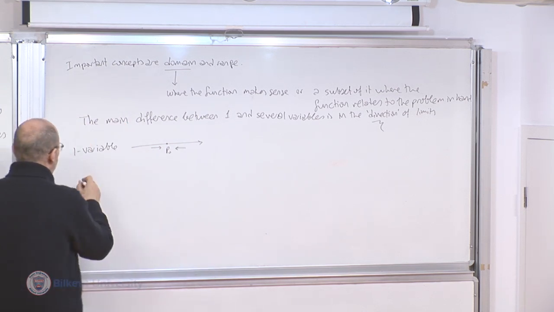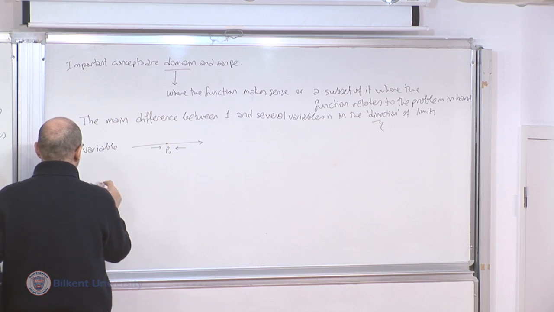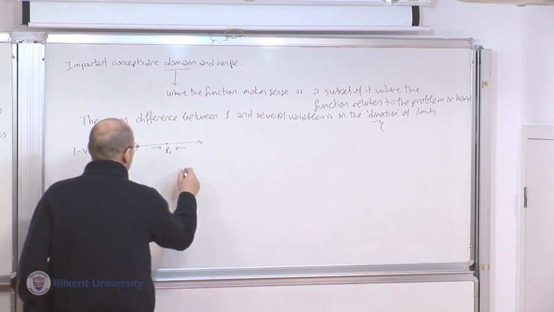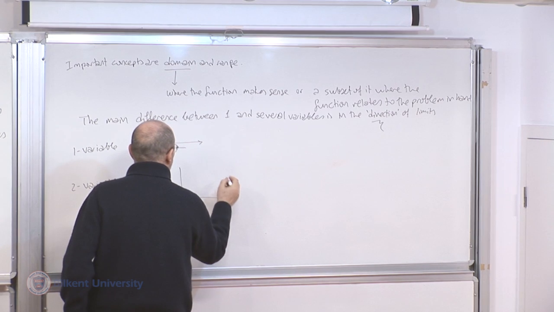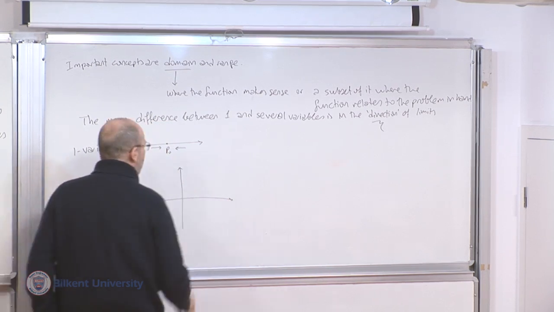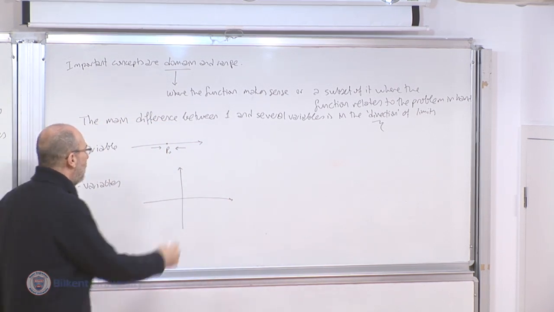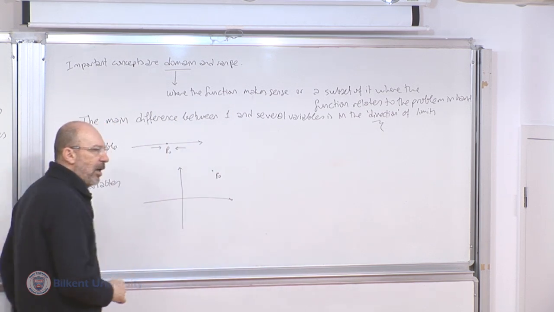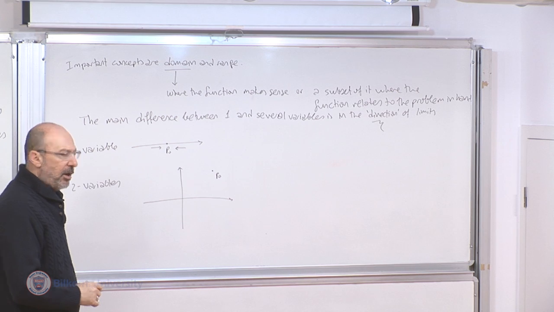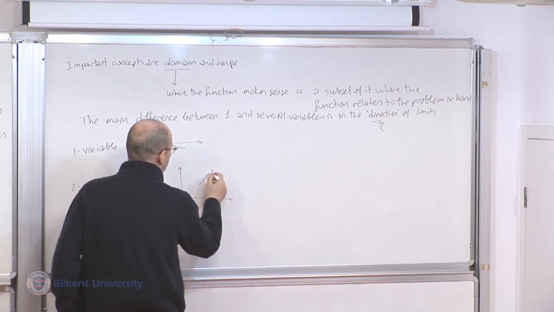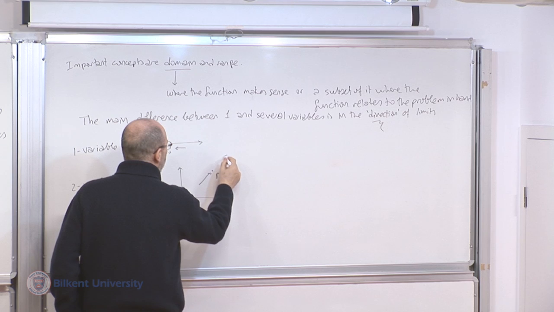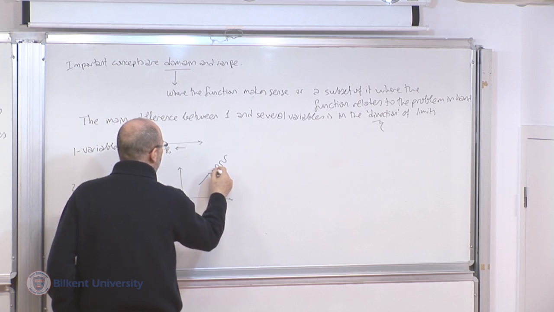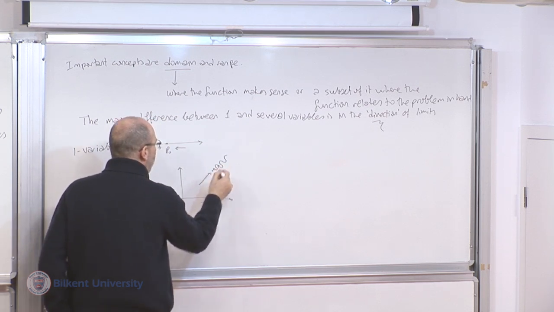But say two variables, we are in the plane. These are x, y coordinates. We have a point p sub 0. Now where do you approach it? You can approach it like this. You can approach it like this. This is also an approach.